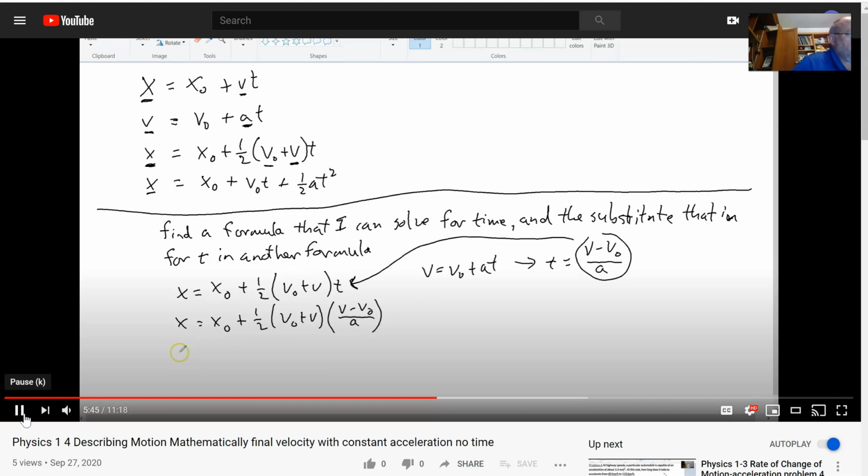Okay, so let's rearrange this. Let's put the 2 under here and we'll create this.